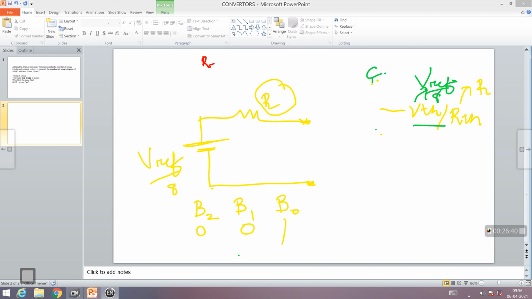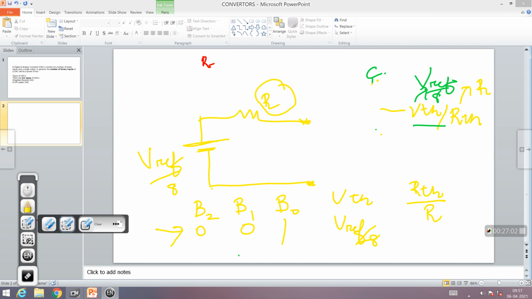When you give for 3 bits this combination of 0, 0, 1, the effective voltage comes out to be Vref by 8, and the effective resistance comes out to be R. So this is what you ultimately want.